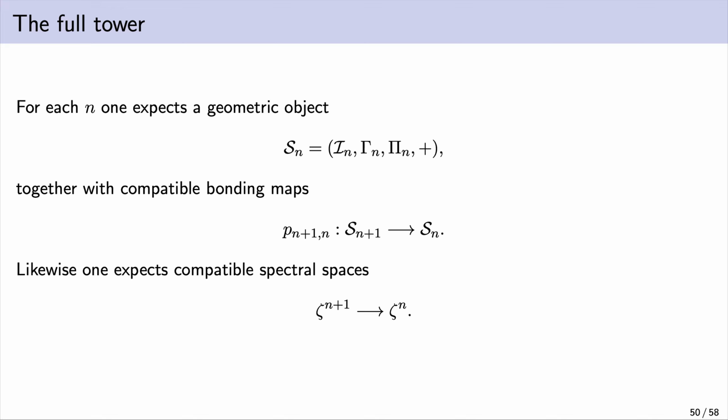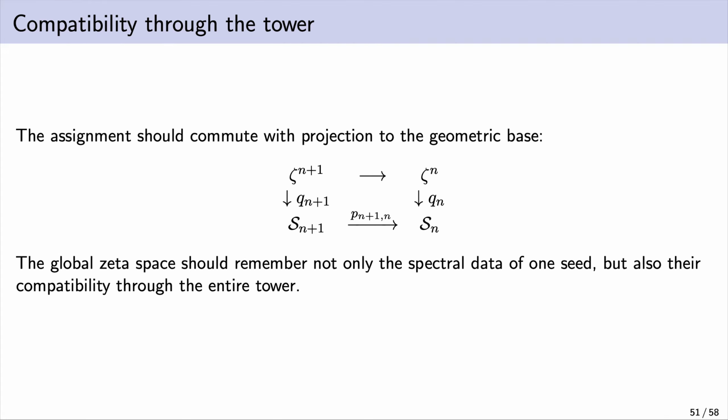Now, for the full tower, we expect a geometric object, Sn, just the nth dimensional generalization, together with these compatible bonding maps, and we also expect compatible spectral spaces as the fibers above, with their compatible maps.